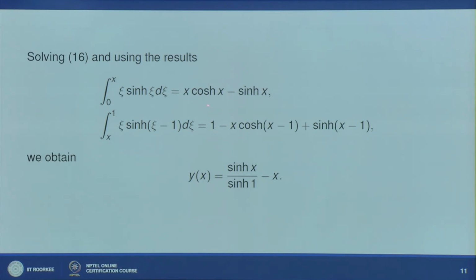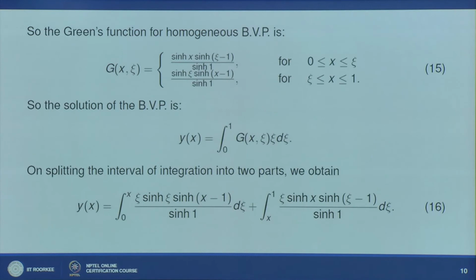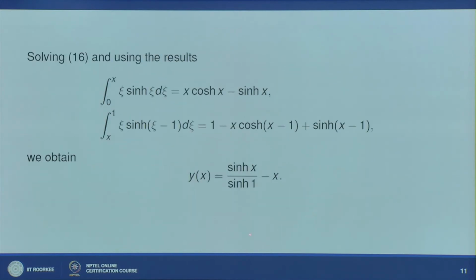And if we use these two integrals and the previous expression for y(x), you can simplify this expression and you can say that the solution of this non-homogeneous boundary value problem is given by y(x) equal to sinh(x) divided by sinh(1) minus x. You can actually verify this also.